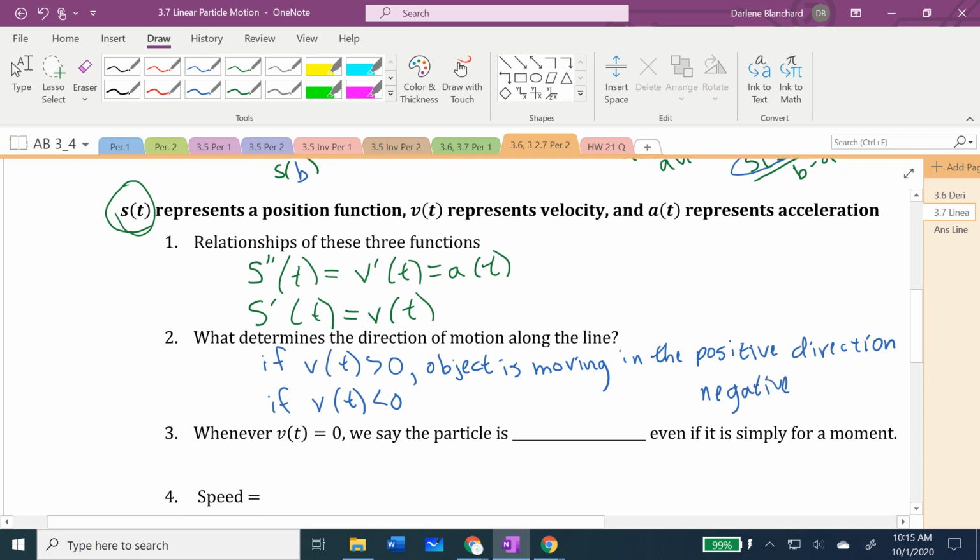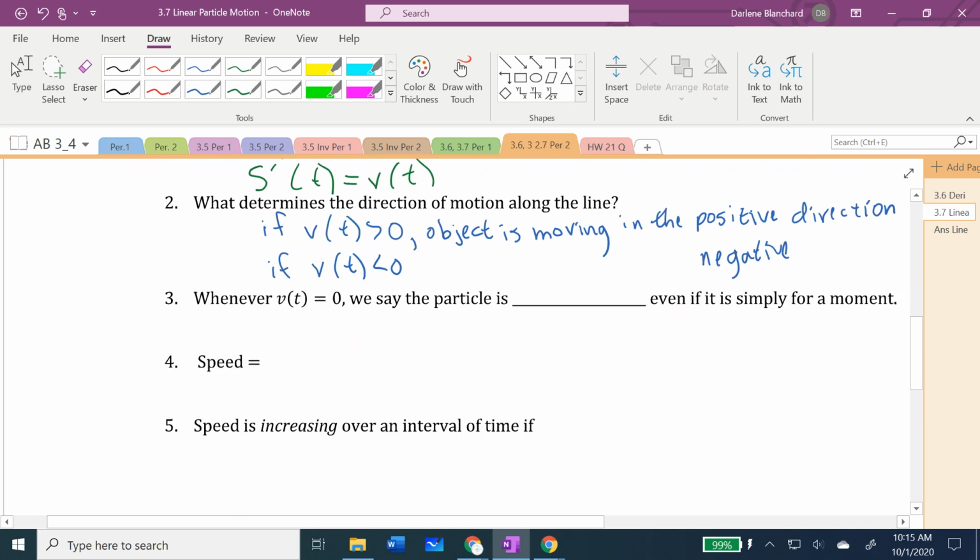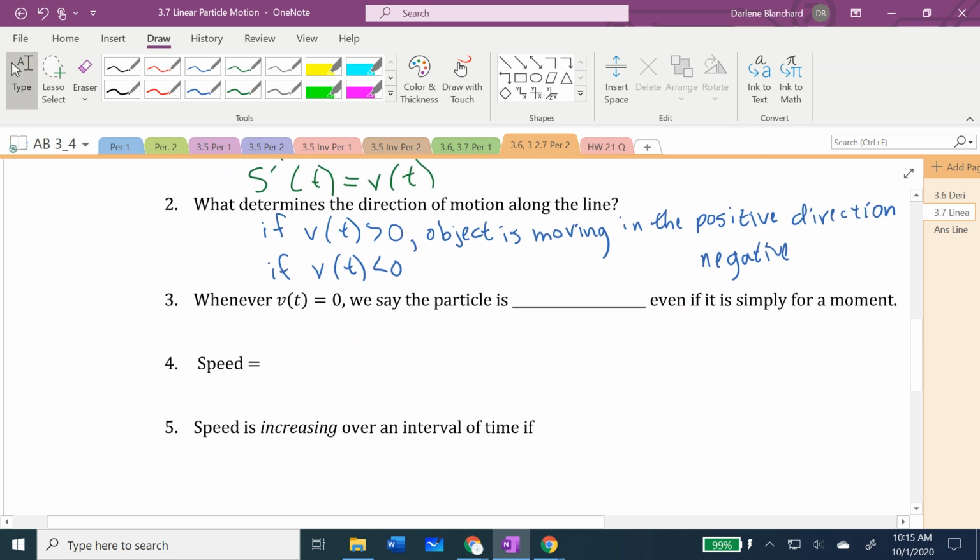Now, this is one of the moments where I'm a little bit embarrassed on what math does. When velocity is equal to 0, we say that the particle is at rest, even if it is simply for a moment. Now, a moment means no time has taken place.